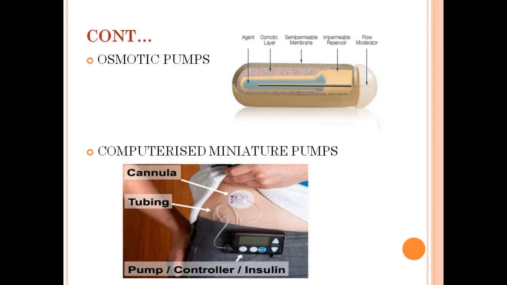So here we can see the image of an insulin pump controller, where into the skin a cannula with a tubing is placed, and the medicine is in the form of the computerized miniature pump, where we can control how many units of drug has to go into the body per hour, or say 4 hours once, 3 hours once, how many units of the drug has to enter into the body.